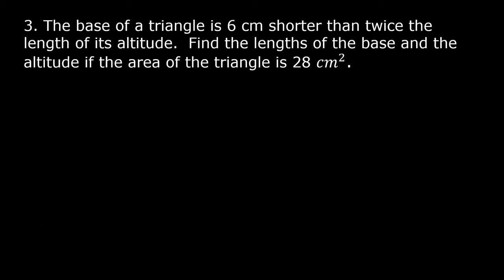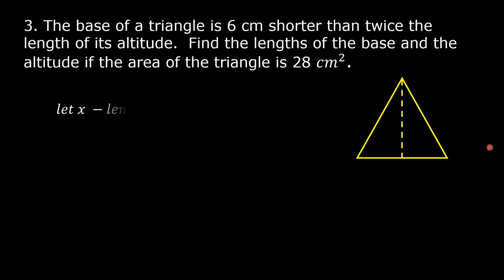Example number 3. The base of a triangle is 6 centimeters shorter than twice the length of its altitude. Find the length of the base and the altitude if the area of the triangle is 28 square centimeters. Let us draw a triangle. This is the altitude, and then this is the base of the triangle.